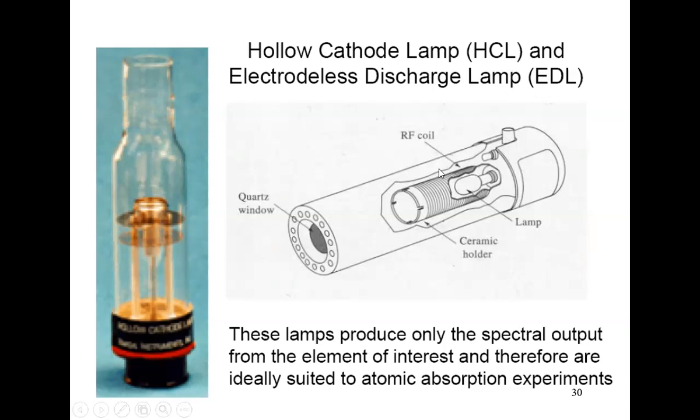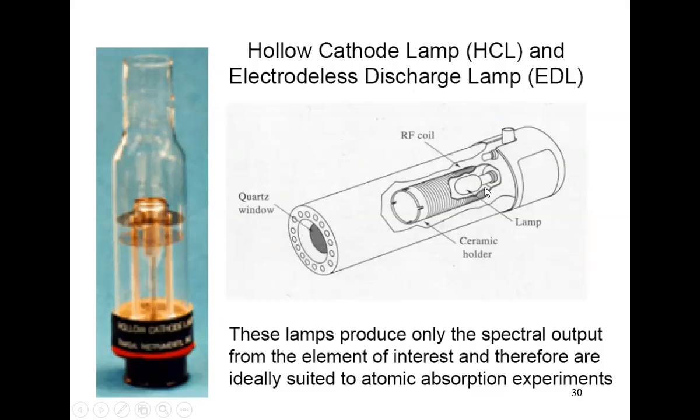Then there is a lamp in the middle here and a ceramic holder. Now the electrode-less discharge lamp, you see, does not have an electrode. So it's called electrode-less. Instead, you have a lamp which is powered by a frequency.